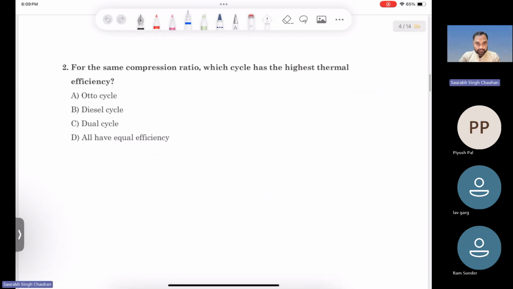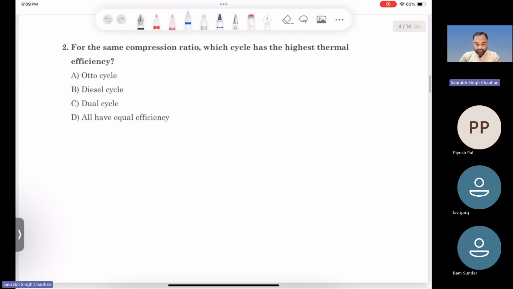So we will move to the next question, question number 2. For the same compression ratio, which cycle has the highest thermal efficiency? So you have studied the thermal efficiency for all the cycles, for Otto cycle, diesel cycle, and dual cycle. And you have studied that these efficiencies depend on compression ratio, okay, and other parameters.